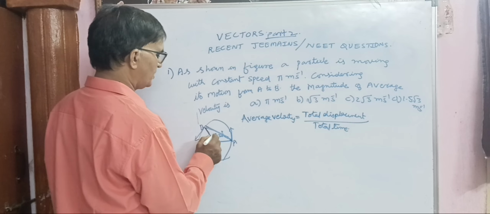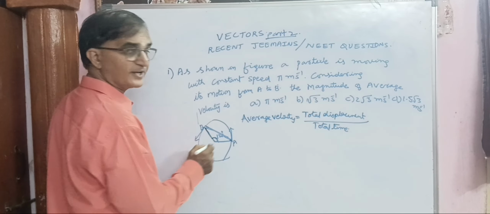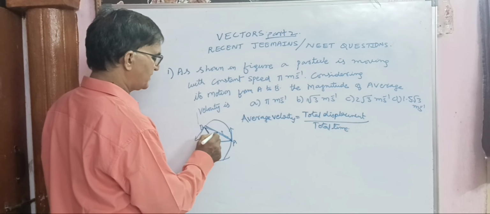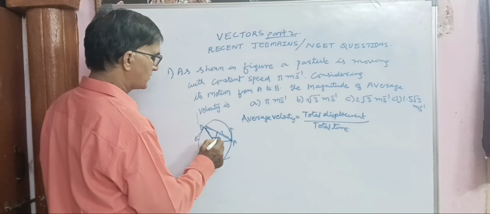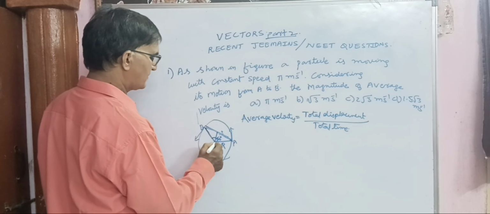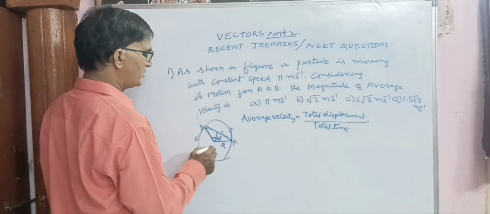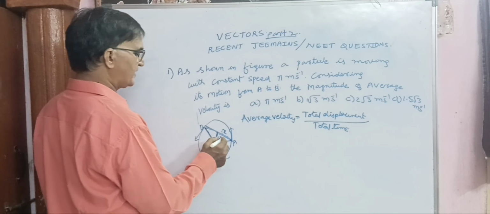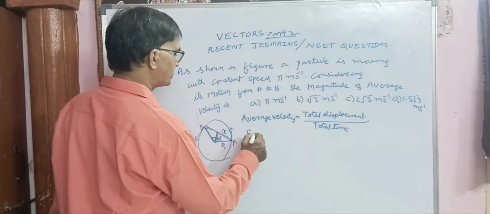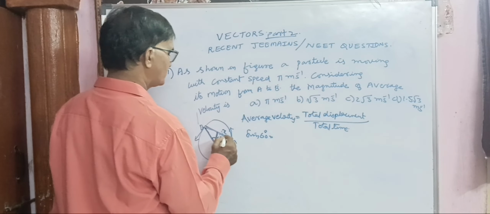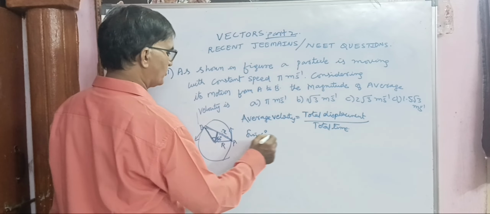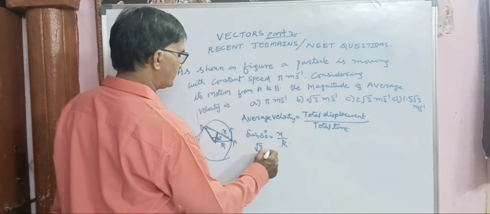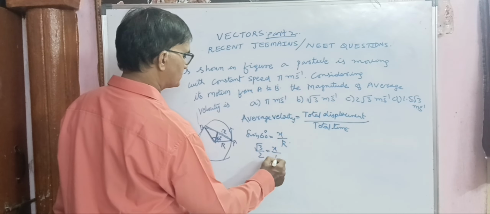Now this total angle is 120 degrees. Suppose you take this middle as 60 degrees here, R is the radius given, and we take this as x. Now if you take sine 60, sine 60 is equal to opposite by hypotenuse. Sine 60 is root 3 by 2, equal to x by R.